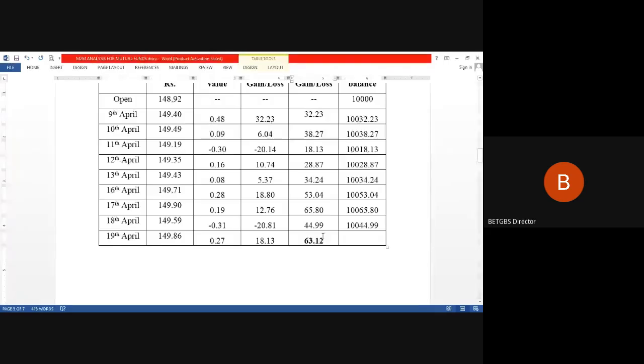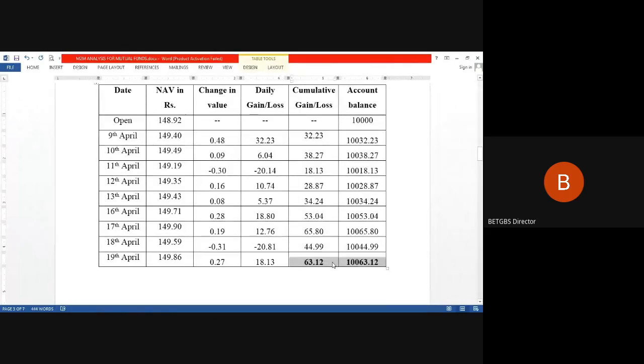This is the gain we have realized on this investment. So our overall gain for this HDFC mutual fund is 63 rupees, and your account is also showing this much value addition.